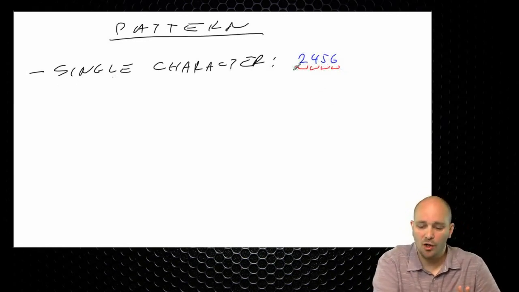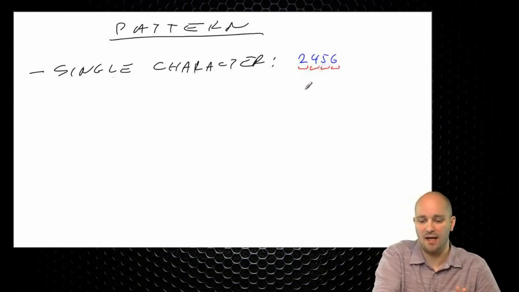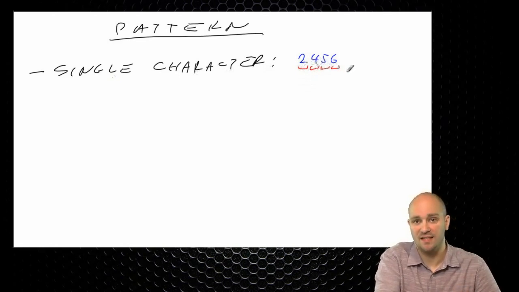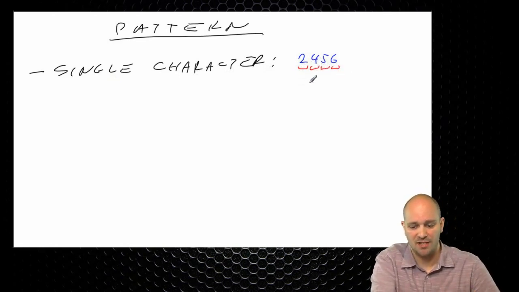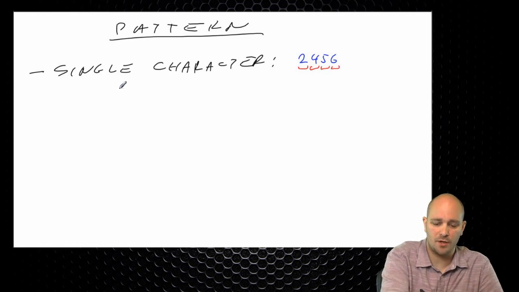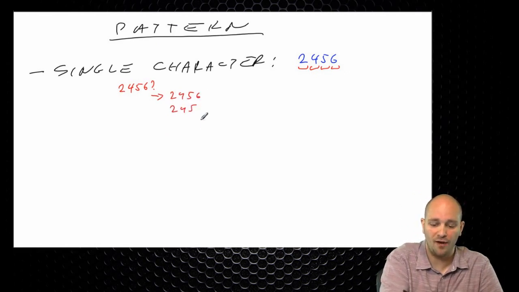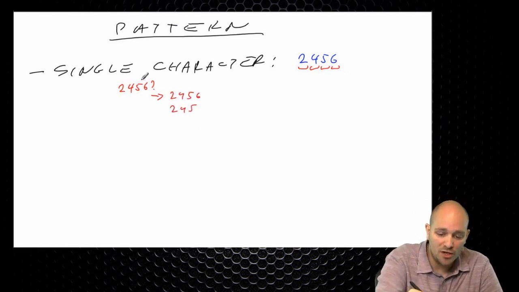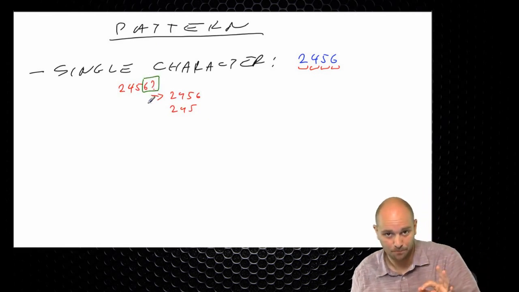So regular expressions don't understand this as 2456. They understand this as 2 immediately followed by 4, immediately followed by 5, immediately followed by 6. So if you wrote a regular expression that looks like 2, 4, 5, 6 question mark, this would match 2, 4, 5, 6 or 2, 4, 5. Why? Because the question mark here actually applies only to 6.